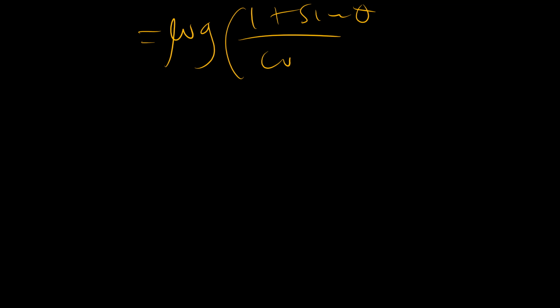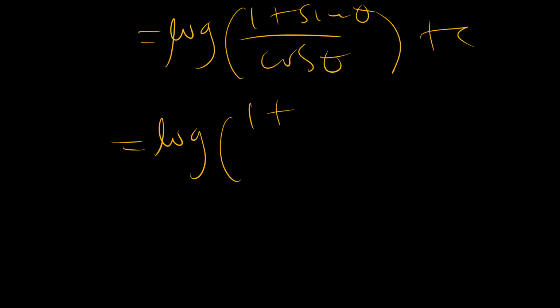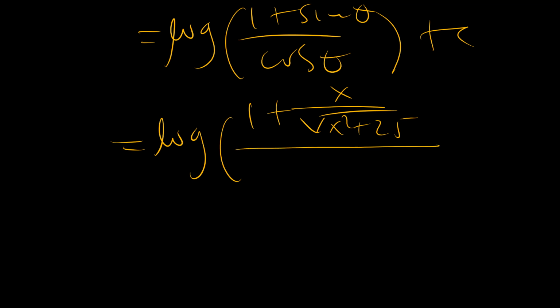So since our answer was log of 1 plus sine theta over cosine theta plus c, we determined sine to be x over square root of x squared plus 25, and cosine we determined to be 5 over square root of x squared plus 25.